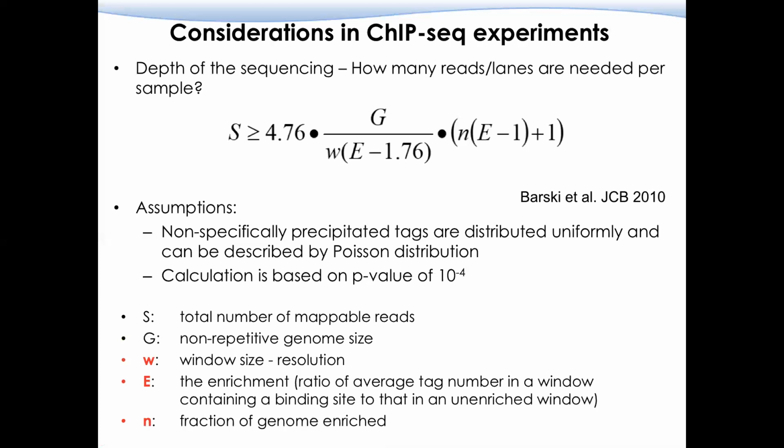So let's go from the assumptions first. The formula they derived has assumptions, which means non-specifically precipitated tags are distributed uniformly and can be described by a Poisson distribution. Also, they have a cutoff to determine the regions and the enrichment or fractions, based on a p-value cutoff of 10 to -4.